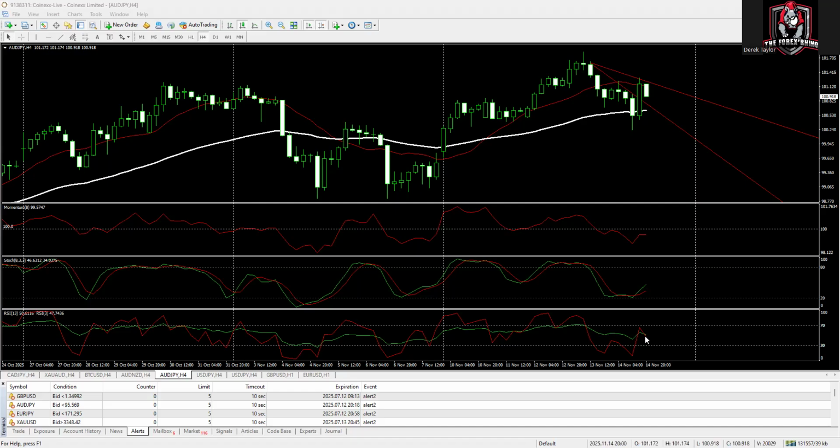Because in this case, if you come back here and look at this, the K percentage line on the RSI is just a hair over the D percentage line. I don't know if you guys can see that on your screens, but it's barely over.